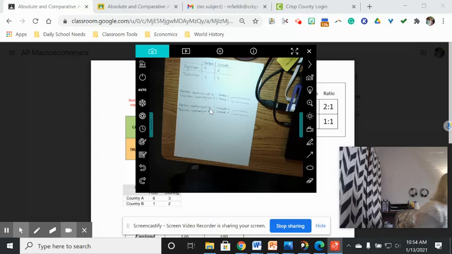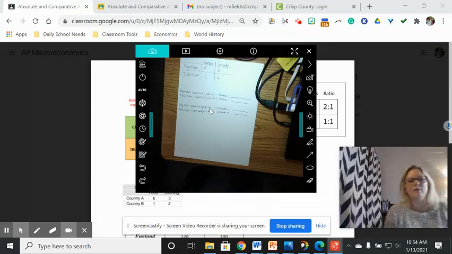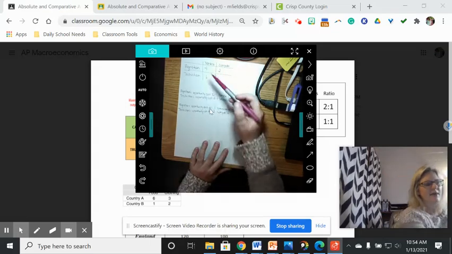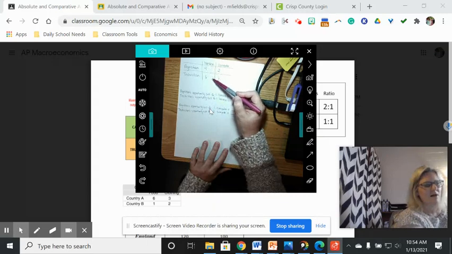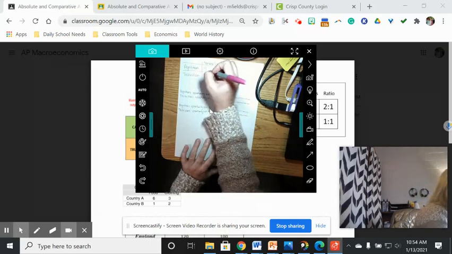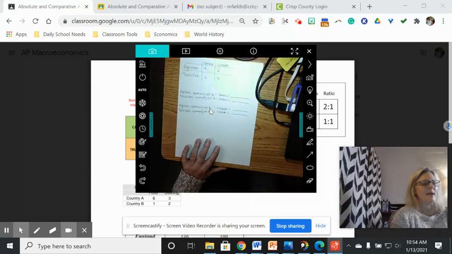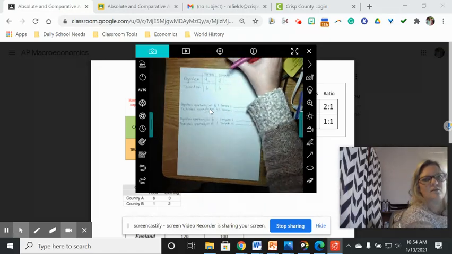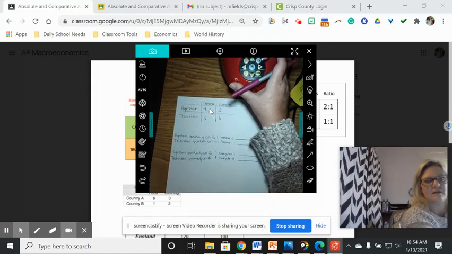So I'm going to change colored pens. And we want to solve for bananas. So we want to compare bananas. And so if we want to do that, we need to make both of the bananas 1. So for Agristan, if they make 1 banana, then we divide that by 4. Let's see if I can get a little closer for you to see.